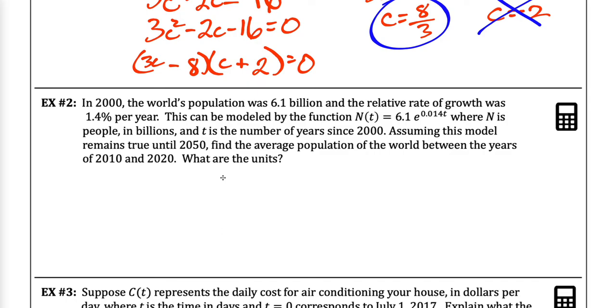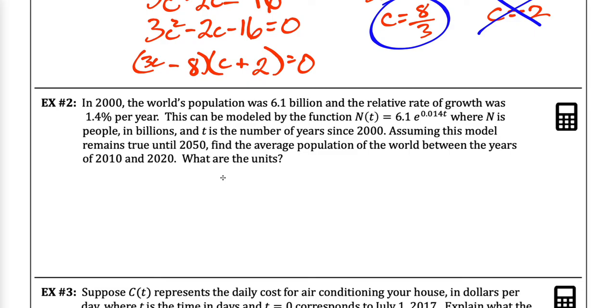Okay, so in 2000, world population was 6.1 billion. Relative rate of growth was 1.4% per year. Modeled by that function, where n is people in billions, and t is the number of years since 2000.